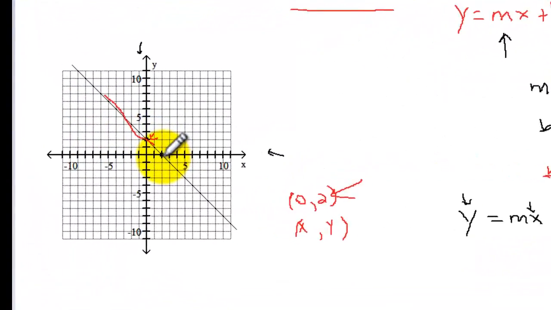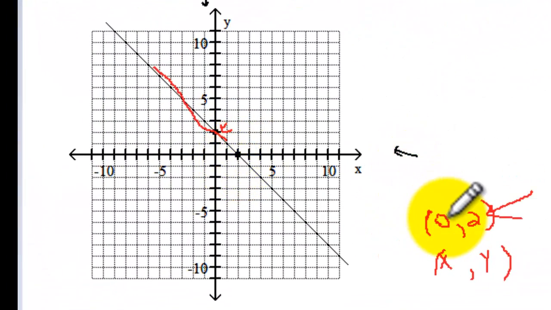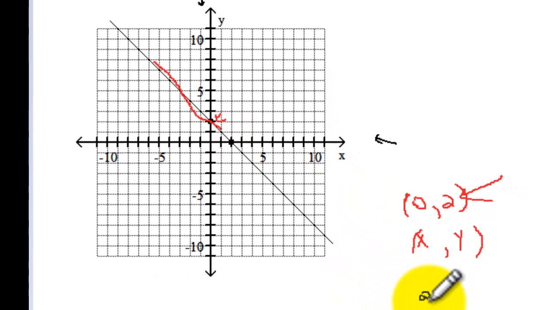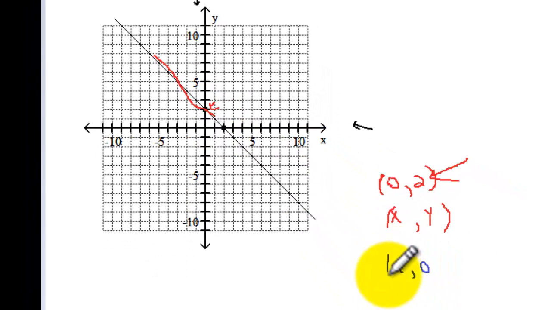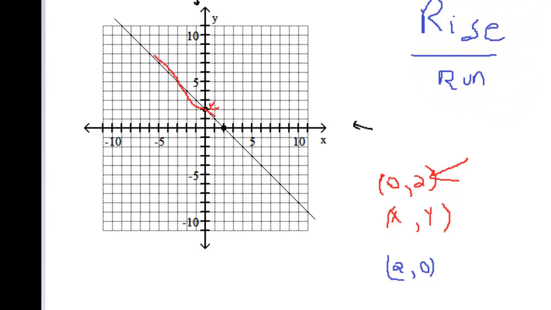Using the 2 points given in the picture, that would be this point of 0, 2, and the other point being 2, 0. You can find the slope using those 2 points. You can also use rise over run, since we have a nice clean picture, because you have 2 points on the line. So between 2 points, what you do is you build this triangle.